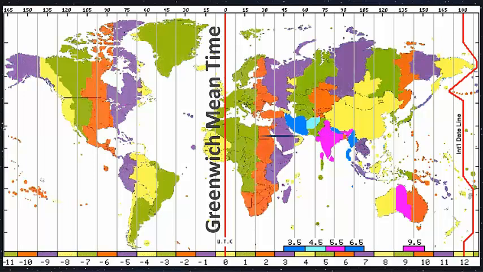Now from GMT, Indian Standard Time, that is IST, is at 82.5 degrees east.